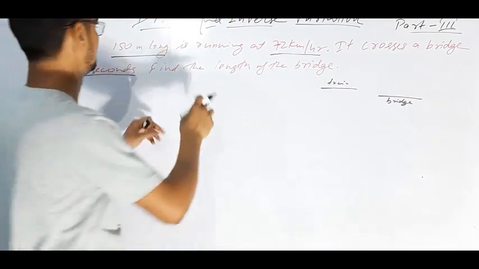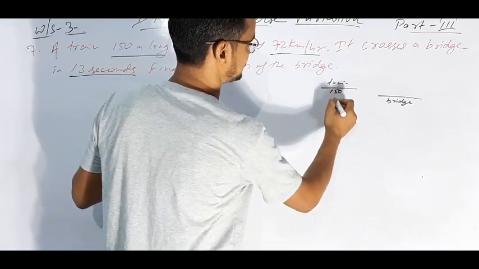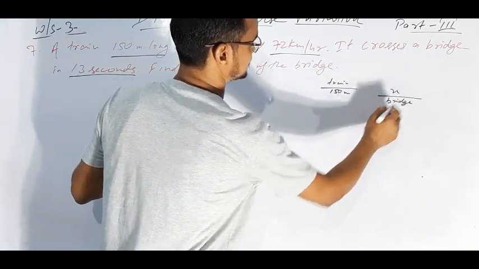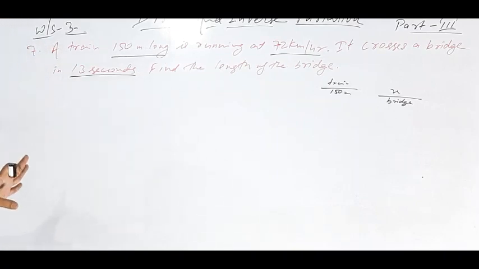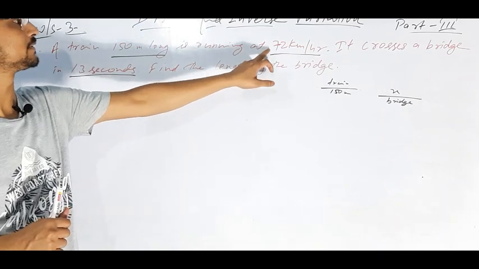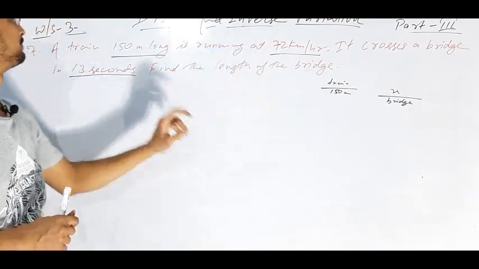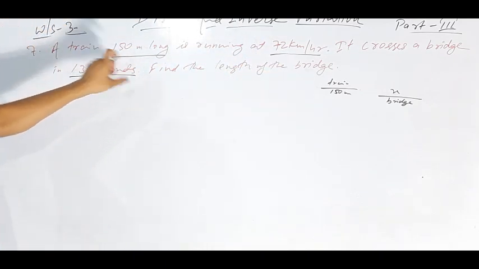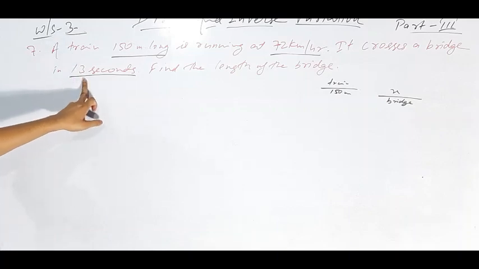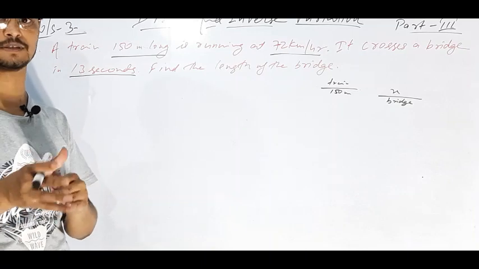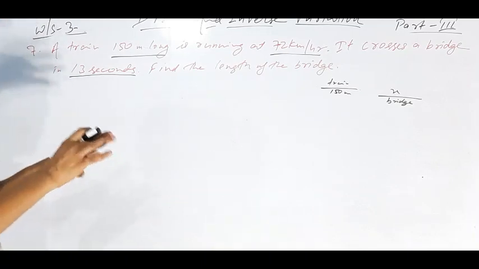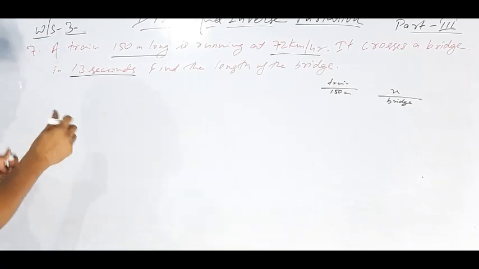So we will let the length of the train be 150 meter, and we will take the length of the bridge as x. No problem. Next, speed is given in kilometer per hour, but the length of the train is given in meter and the time taken in seconds. So it is easier to convert that speed into meter per second. We will do that work first.